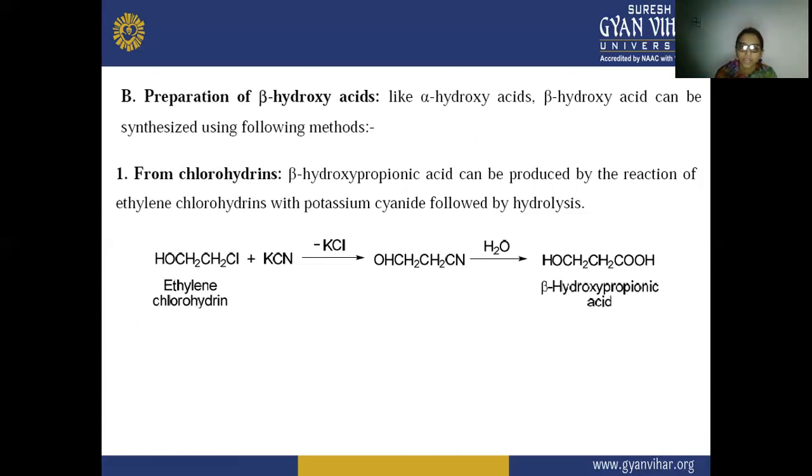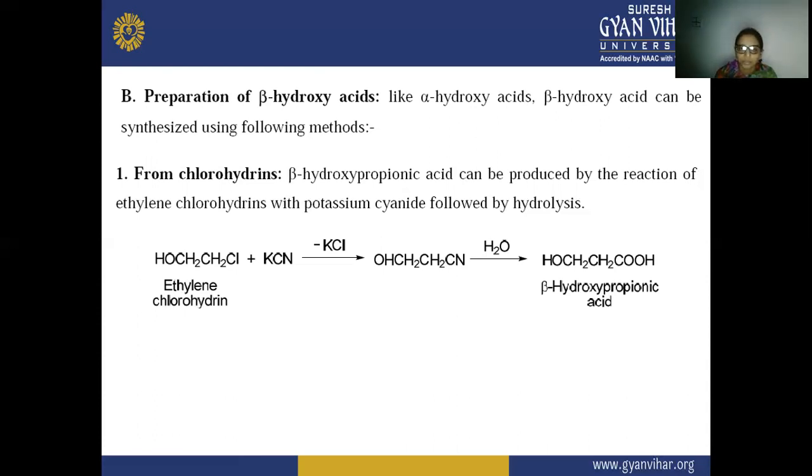So this beta hydroxy acid can be prepared by the reaction of ethylene chlorohydrin with potassium cyanide, and then after the intermediate is formed, there is hydrolysis, and there is a formation of this beta hydroxy acid. So from this chlorohydrin we are preparing this beta hydroxy acid.